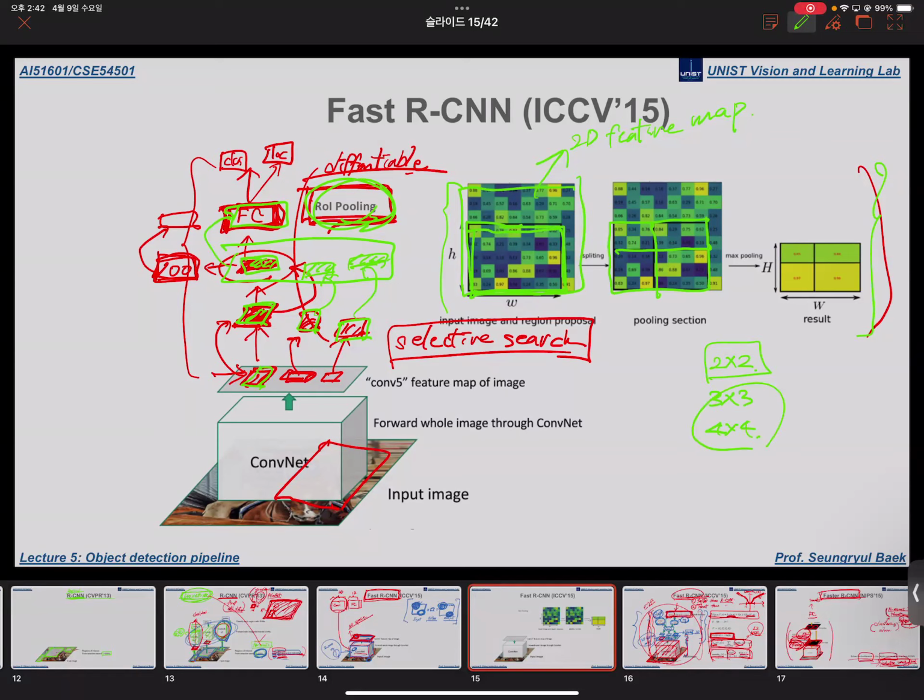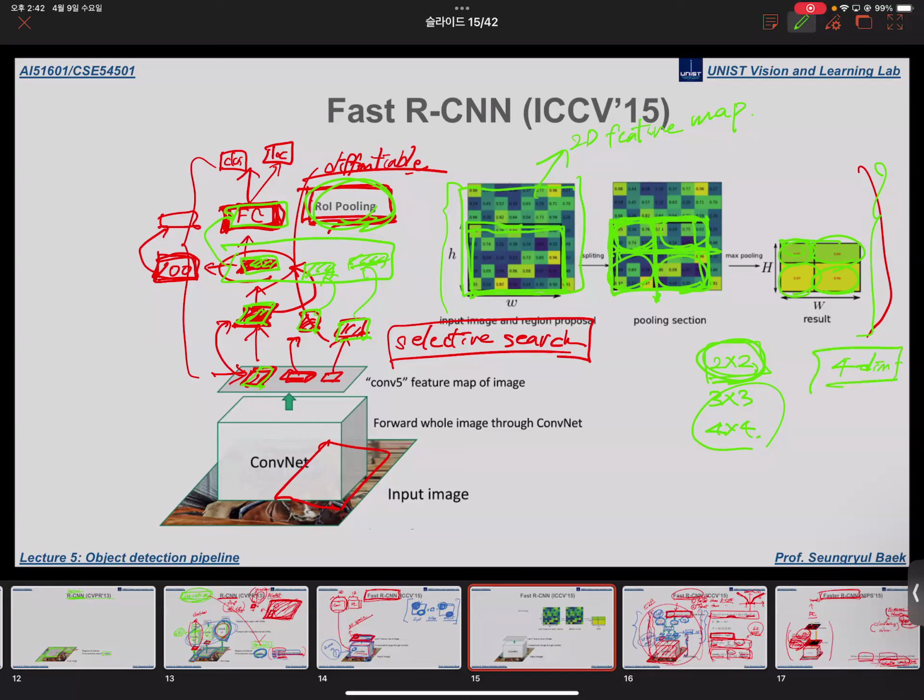Let's say we are applying 2 by 2 ROI pooling, then inside the bounding box obtained from the selective search, we divide it into 2 by 2 regions, and then apply max pooling for each window to get 1 pixel from each window. Then we can get a 4-dimensional vector.